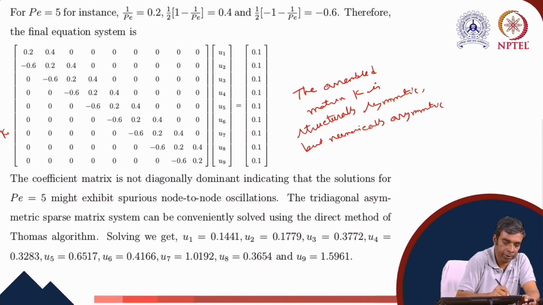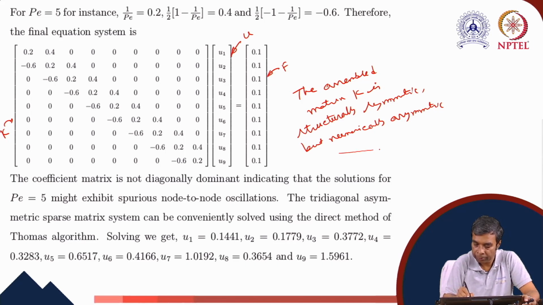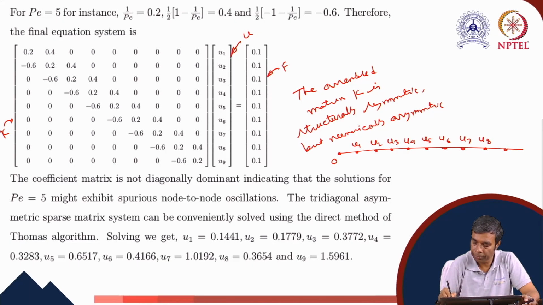This is matrix K, this is the load vector and this is the degree of freedom vector. Our degrees of freedom we can show once more: 0, u1, u2, u3, u4, u5, u6, u7, u8, u9 and 0.